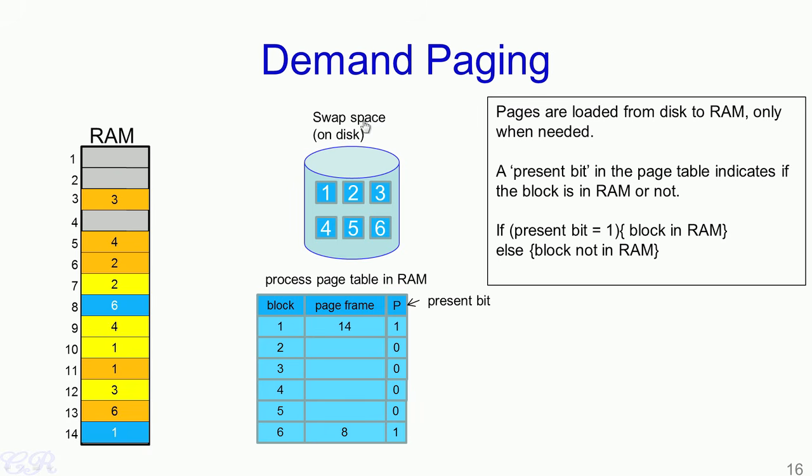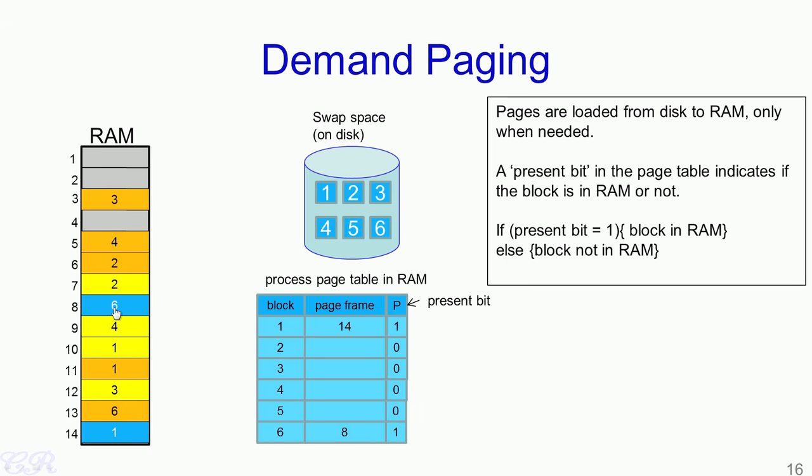In this swap space, all blocks of the executable will be present. So, for instance, if the process has 6 blocks, 1 to 6, all the 6 blocks will be present in the swap space, and only on demand will blocks be loaded from the swap space into the RAM.